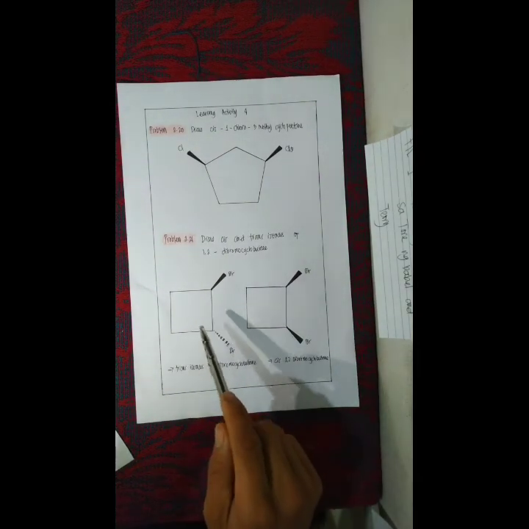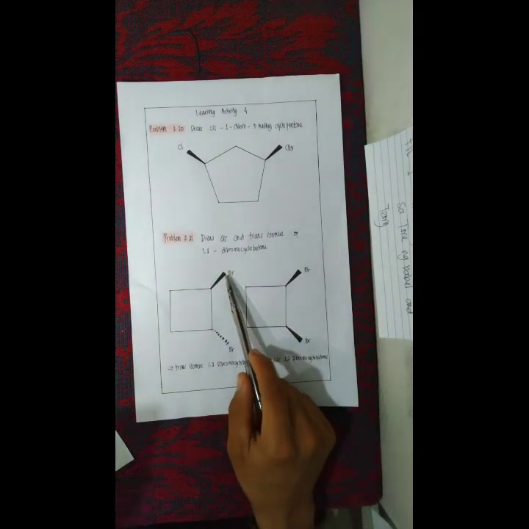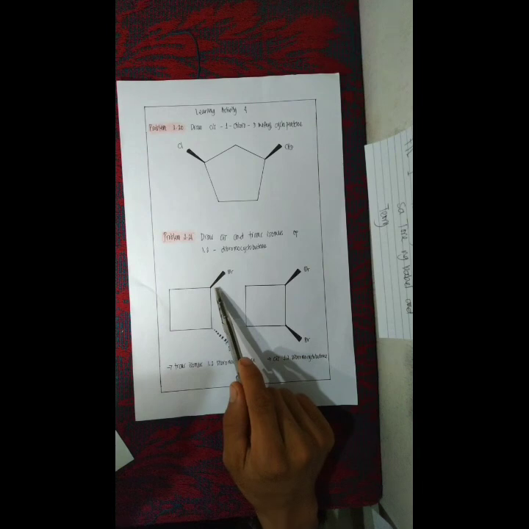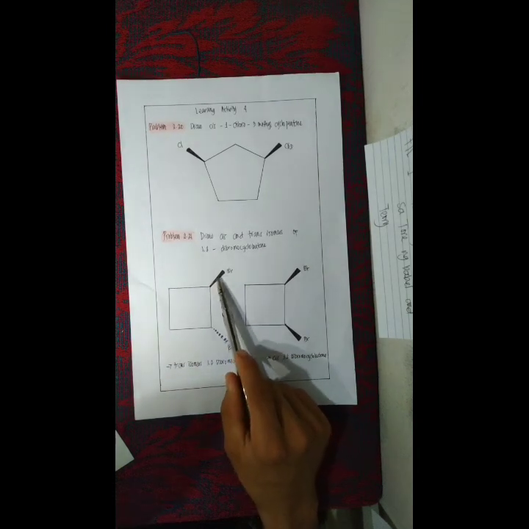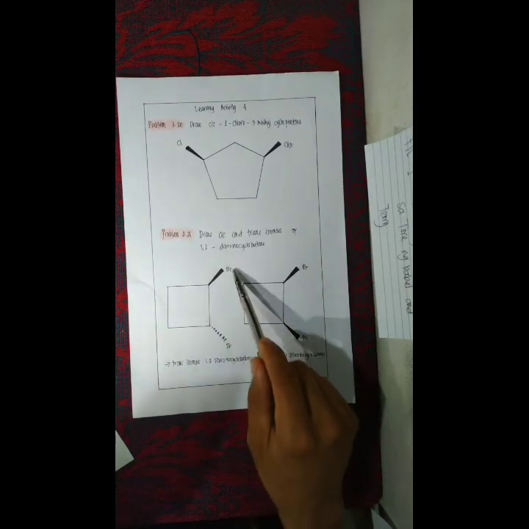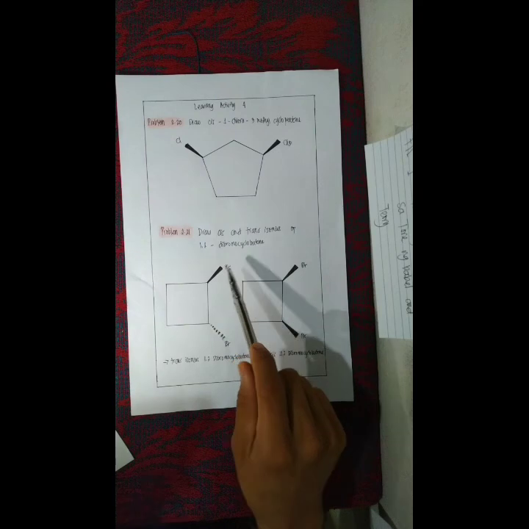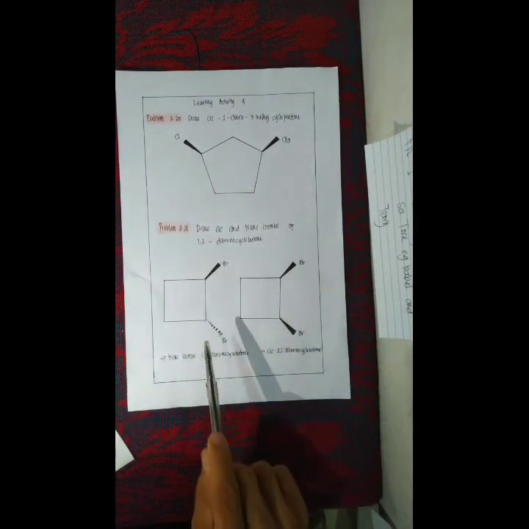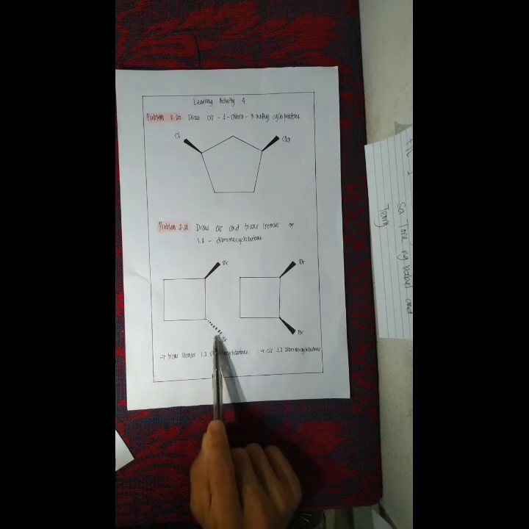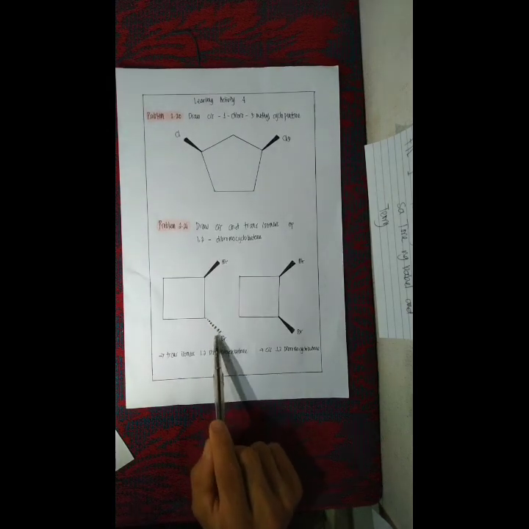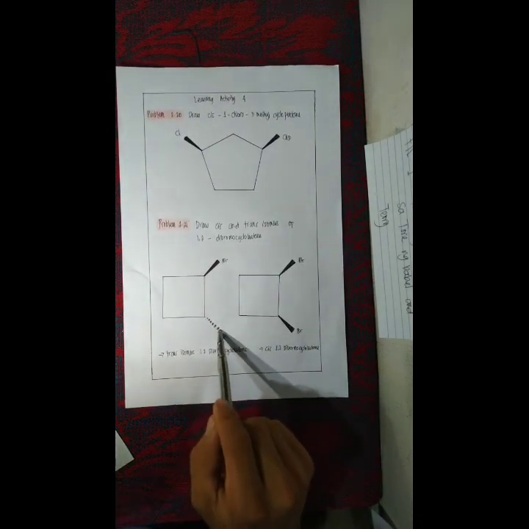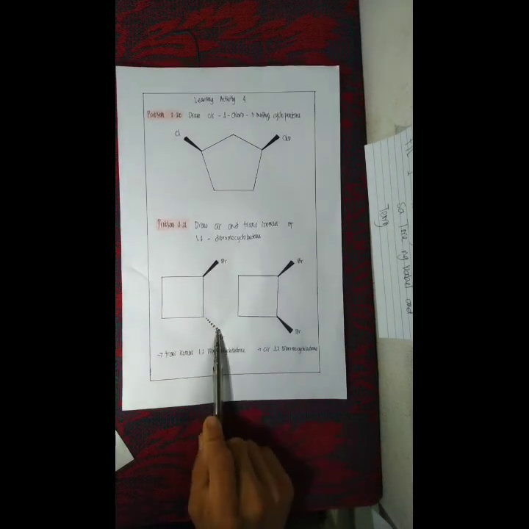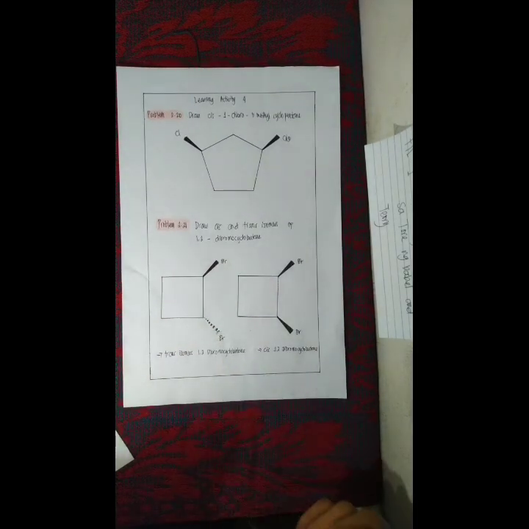So the bromines are presented here in different planes. The bromine is presented here at the first position, then the other bromine has a different plane. So here is another bromine, on another plane. So that is the trans isomer.